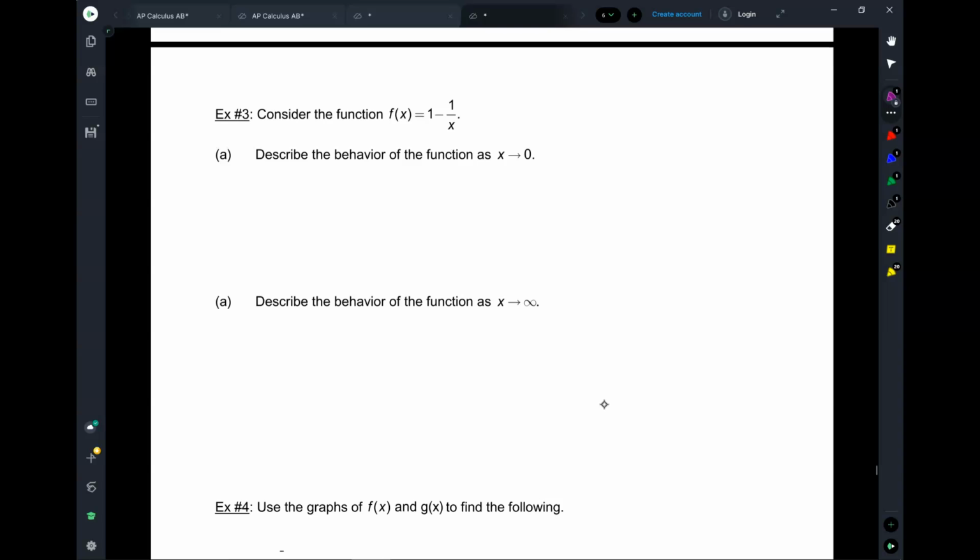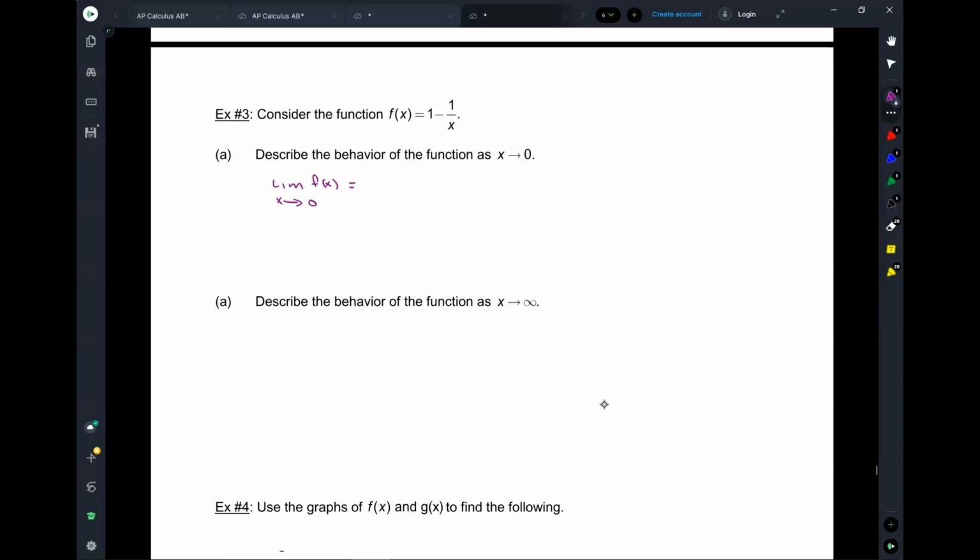Both of these things are super important to take with us to calculus. Here I want to find the limit of f of x as x approaches 0, but I'm not going to graph it and look at the graph. I want to do it mentally. I want to reason through it, right?